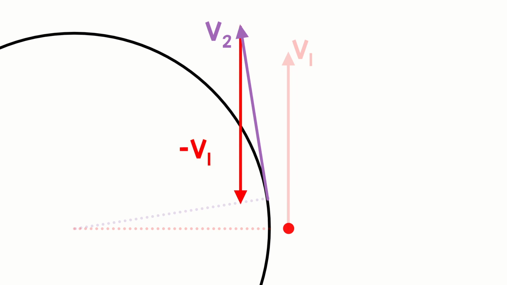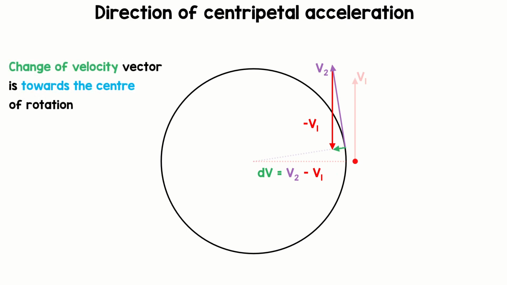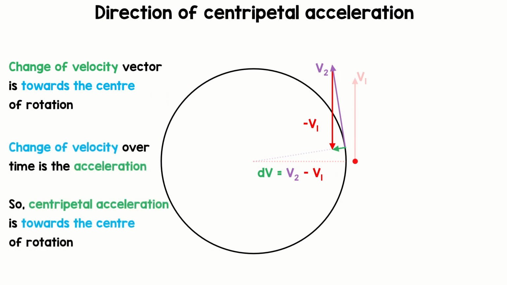So we take the final velocity vector v2, subtract the initial velocity vector v1, and the resultant vector is the change in velocity, delta v, or dv. So dv equals v2 take away v1. The change of velocity is towards the center of rotation, and the change of velocity over time is acceleration. So the centripetal acceleration is towards the center of rotation, and this is why.